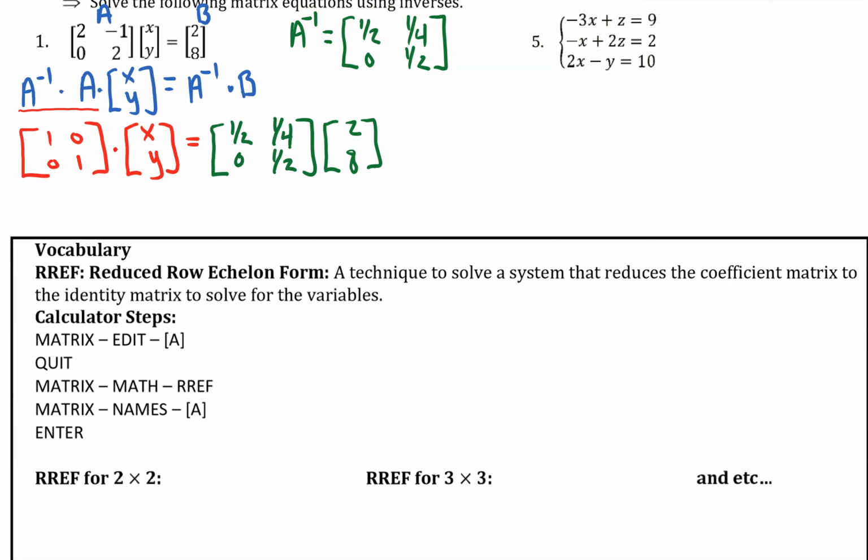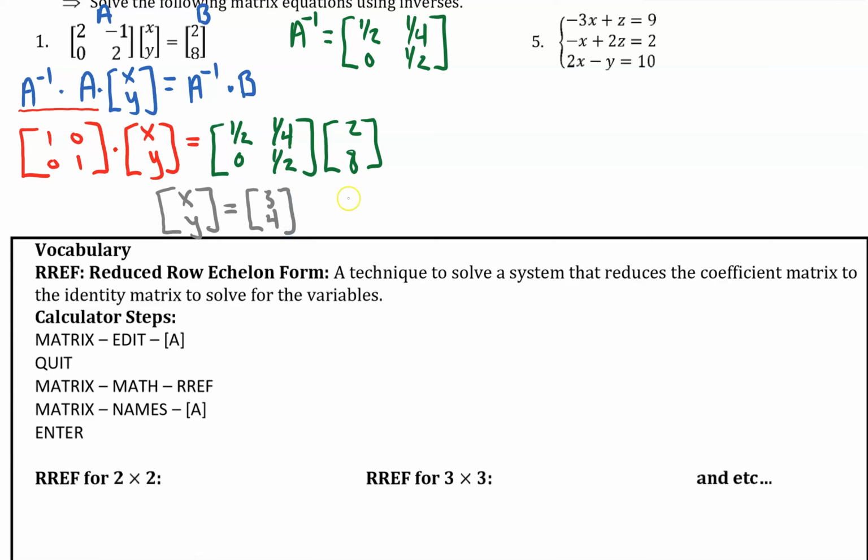And then do the work to solve this out. We would end up with something that's going to say the following. Our xy is going to equal those two multiplied together, which is going to give you 3, 4.